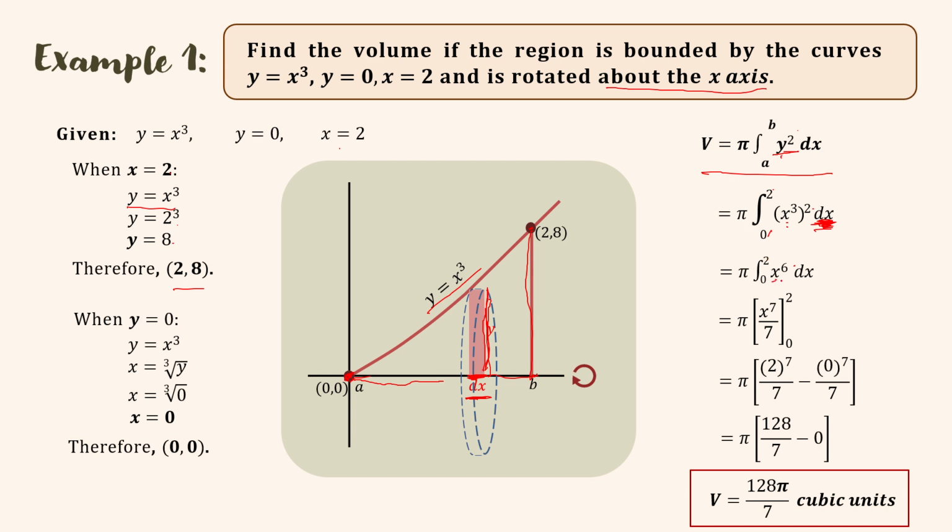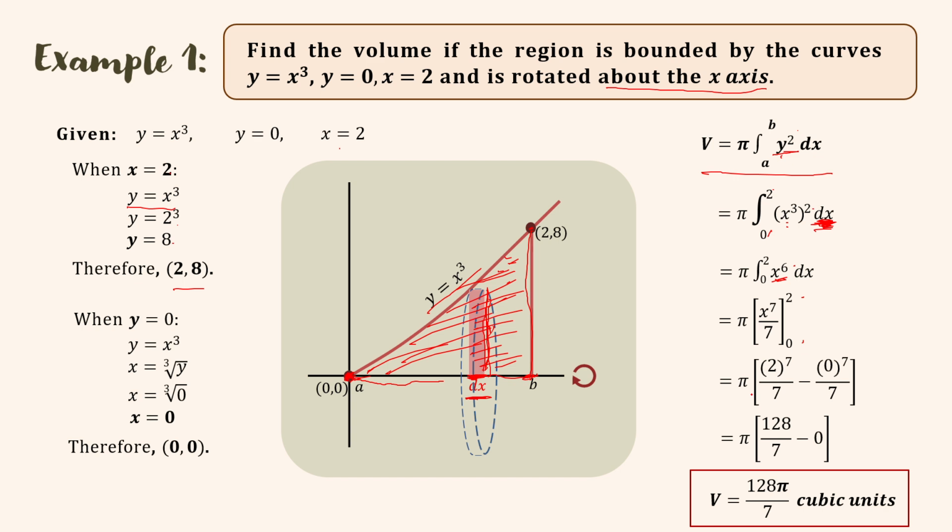So x raised to 6 will become x raised to 7 over 7. So pi from 0 to 2, because we know already that the boundaries are from a to b. In terms of x, the points of intersection are from 0 to 2, because what we're going to get here is this area, the volume of this one.